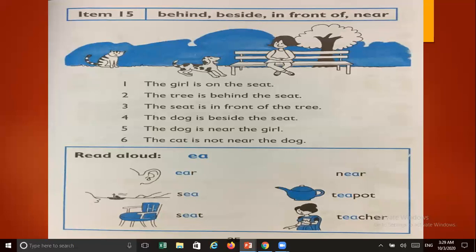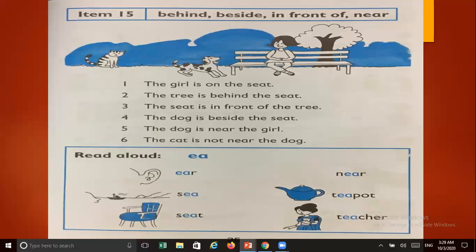Number 6. The cat is not near the dog. Where is cat? You see, this is a girl and this is a dog. The dog is near to girl. But you can see the cat. Cat is not near. The cat is far.